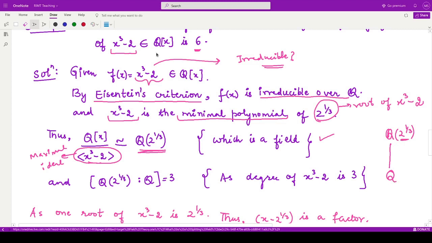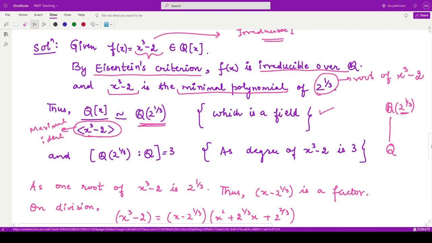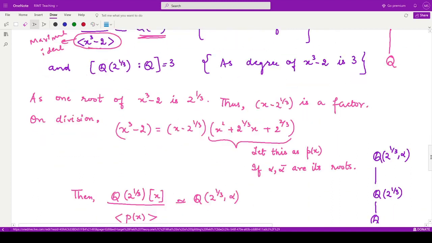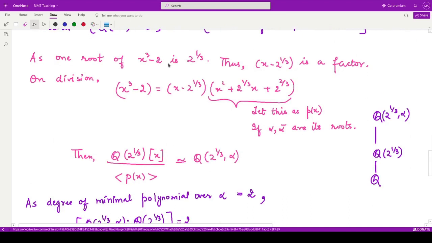That is the degree of this irreducible polynomial, and it is equal to 3 because its degree is 3. So we now have one root of the polynomial and we are interested to calculate all the roots of this polynomial. So how could that be done? This is the root, that means this would be the factor. If this is the factor, we can divide this polynomial with this factor through long division. So you divide x cube minus 2 with x minus 2.